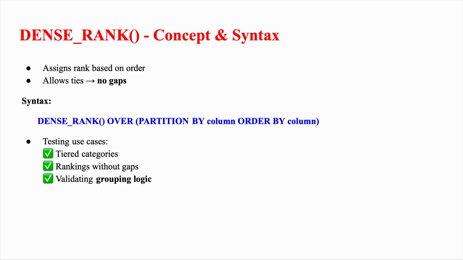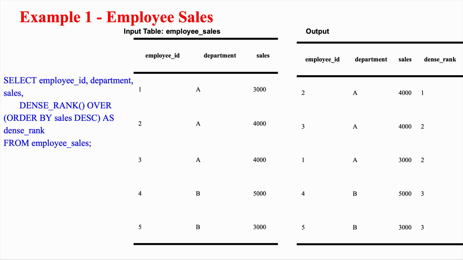Now let's look at dense rank. It works like rank but without the gaps. If two rows are tied, they get the same rank but the next rank will continue without skipping. This is great when you are validating tied categories or grouped rankings.